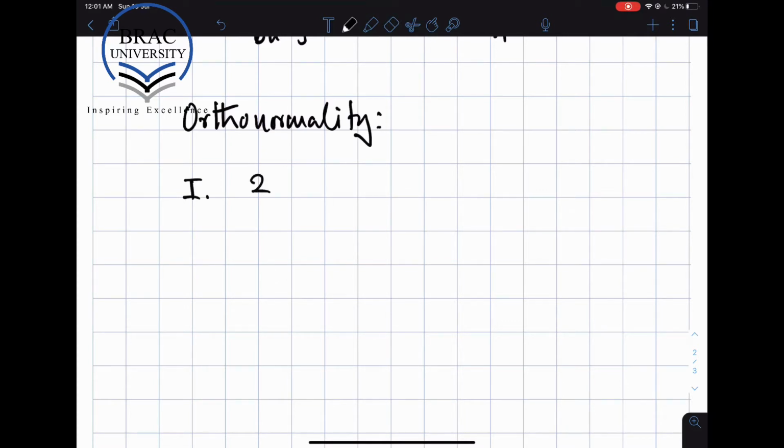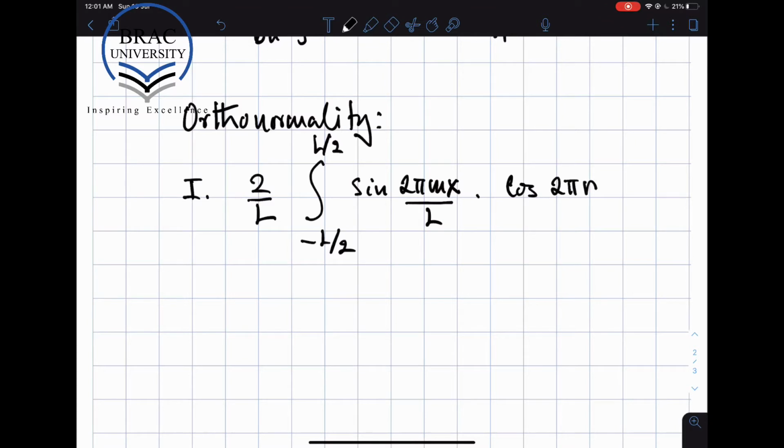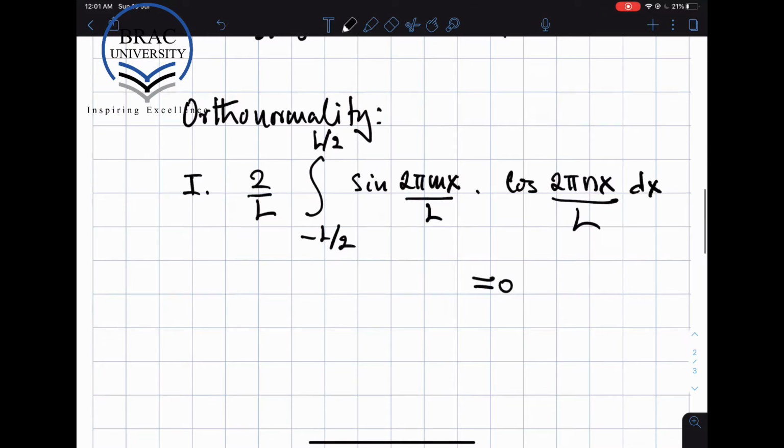The first one would be 2 by L times the integral from minus L by 2 to plus L by 2 of sine of 2 pi m x by L, where m is an integer, times cosine of 2 pi n x by L, where n is another integer which may or may not be equal to m. If we do this integral, then this is 0. So this is orthogonality.